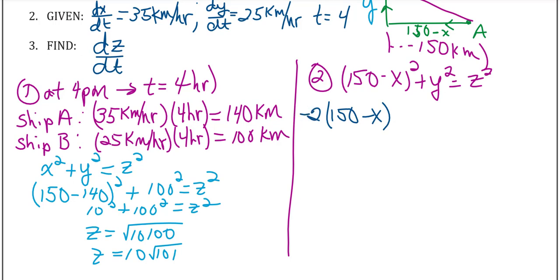So I'm just going to make that negative. And then I have my dx/dt, because I'll have -1 dx/dt. And then next I'm going to have 2y dy/dt. And that's going to equal 2z dz/dt.